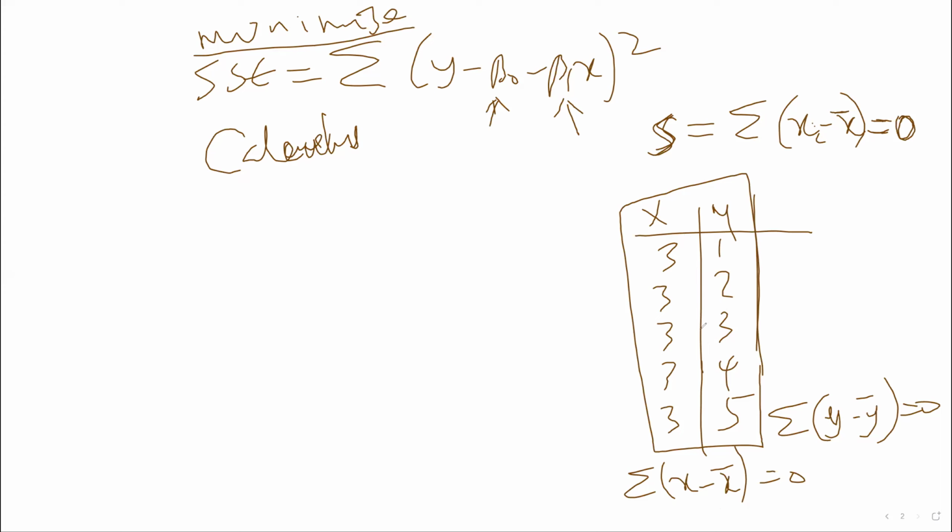Okay, but as soon as I start squaring, what happens? What will be this one? Will it be equal to 0? No. Will S minus S bar squared be equal to 0?